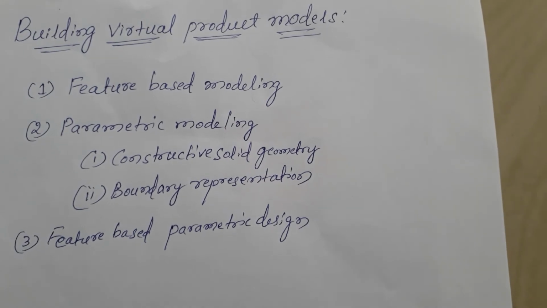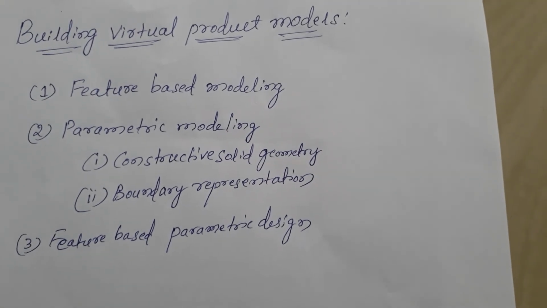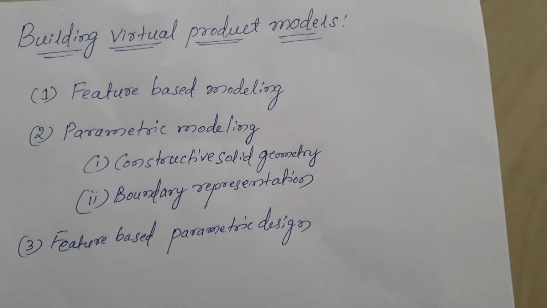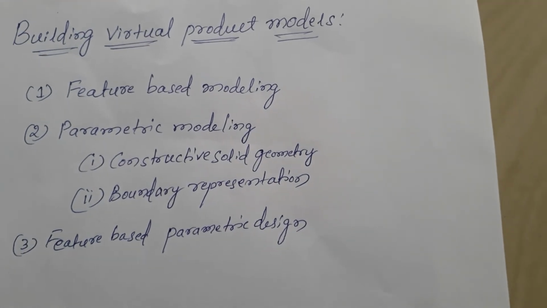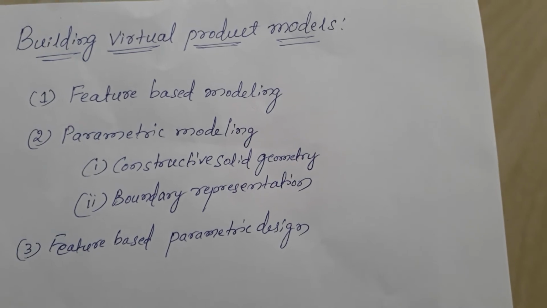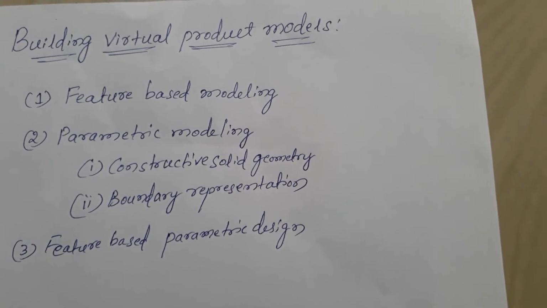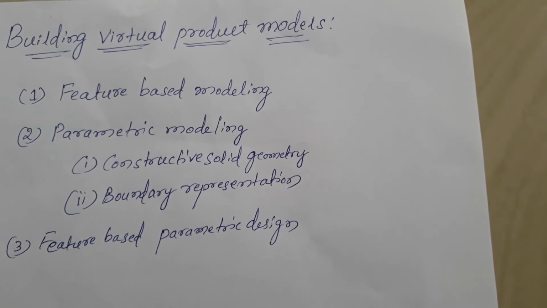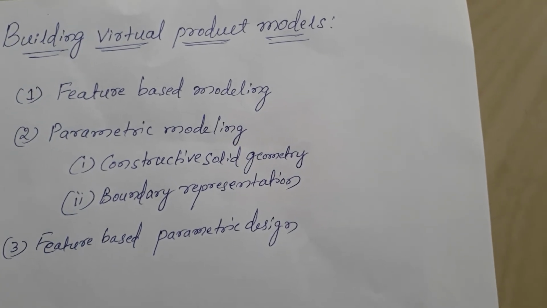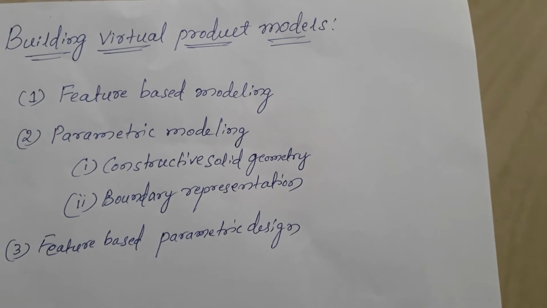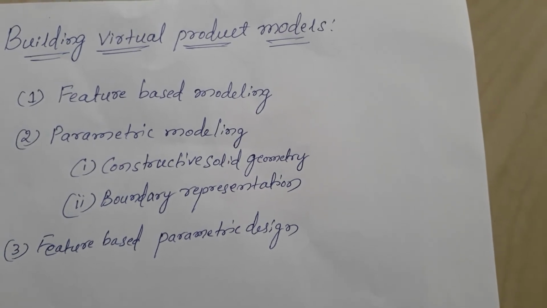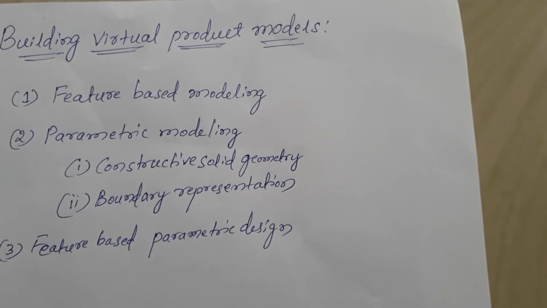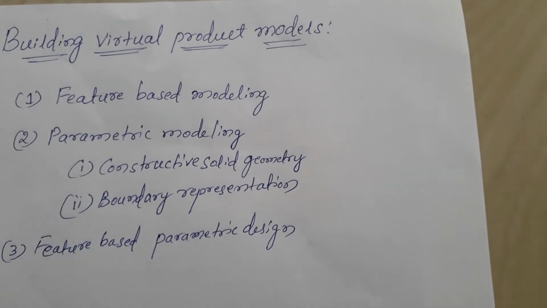By using lines and curves, we create a 2D model, then 3D features. Generally the designers apply some constraints on those 3D features. Creating a parametric model is very common in almost all 3D CAD systems.